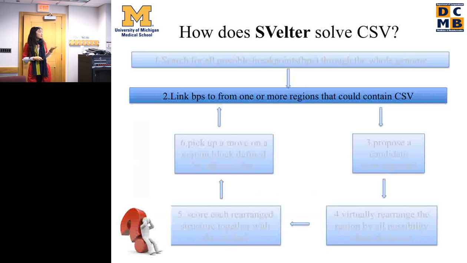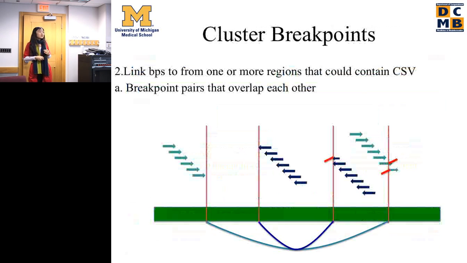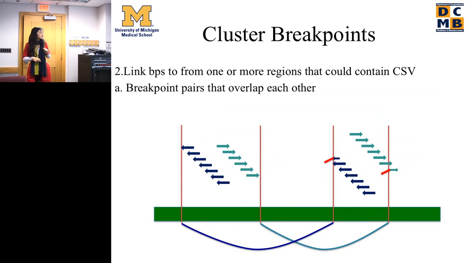So next, we are going to link different breakpoints to form a cluster. For linking, we have several criteria. If two pairs are overlapping, for example, these two breakpoints are defined by a cluster of pairs, while these two are defined like this, and the regions overlap, we would cluster all four together, and we think something could have happened involving all four. A situation like this is also defined as overlapping.